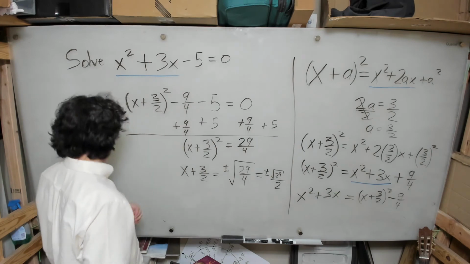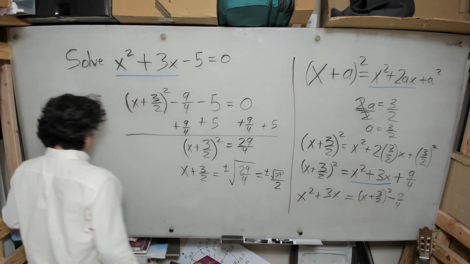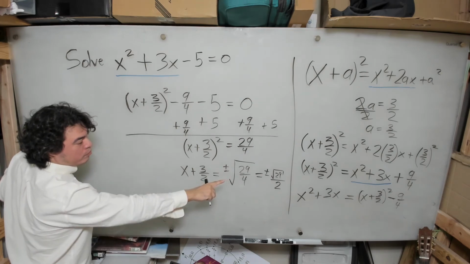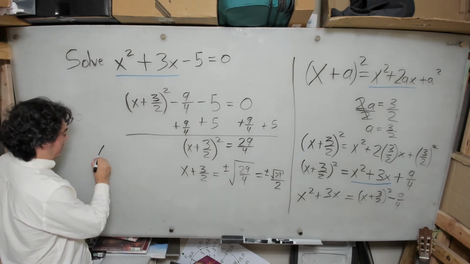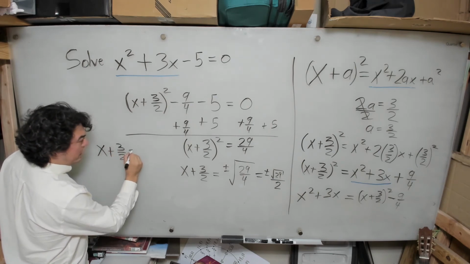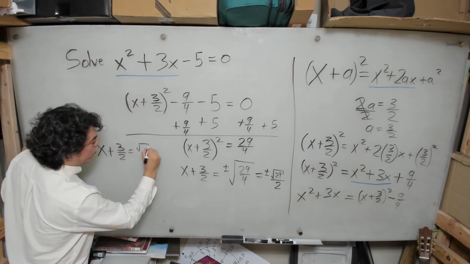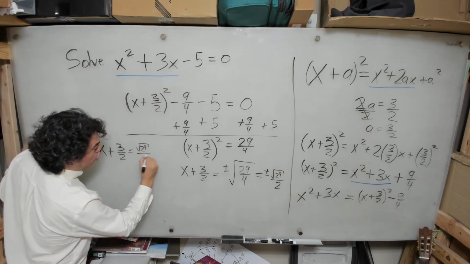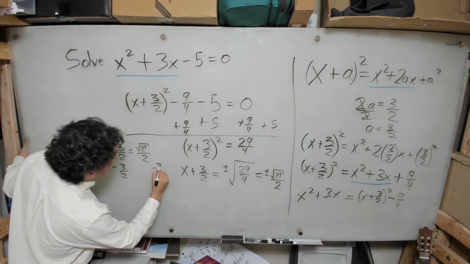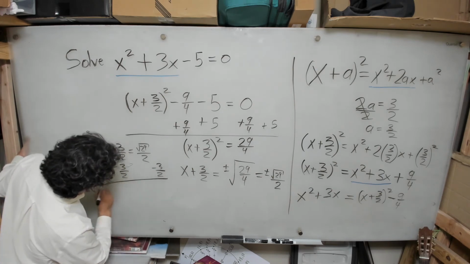So now, basically, we're almost done. So first, I'm going to set this equal to the positive version. So in other words, x plus 3 over 2 equals square root of 29 over 2. I'm going to subtract 3 halves to get the x by itself.